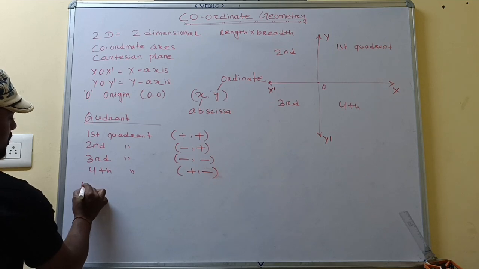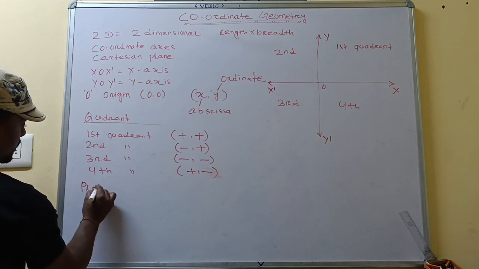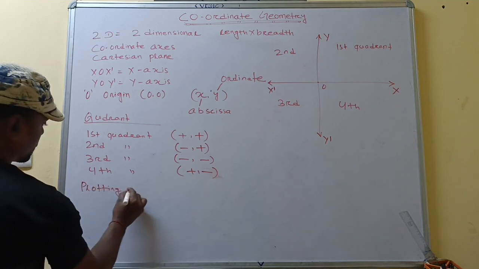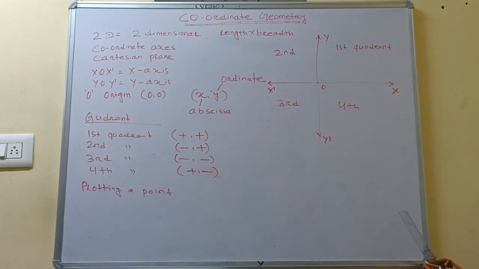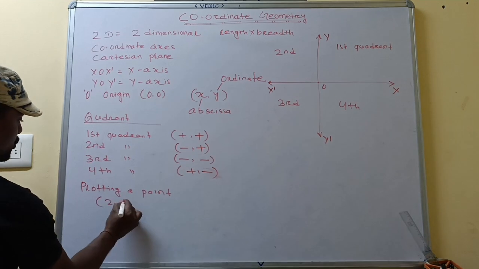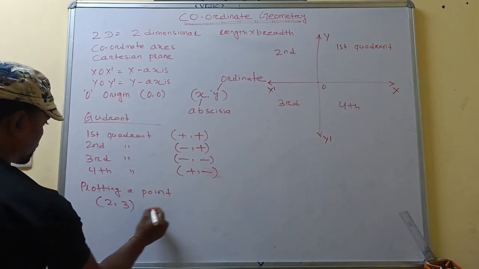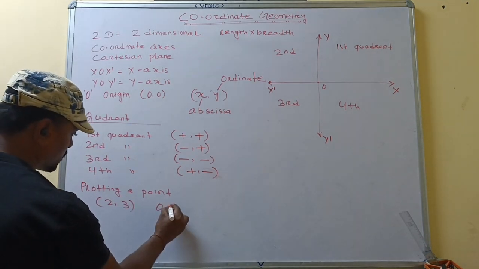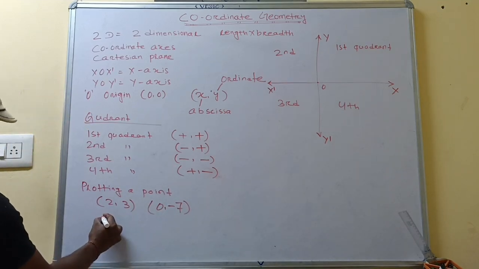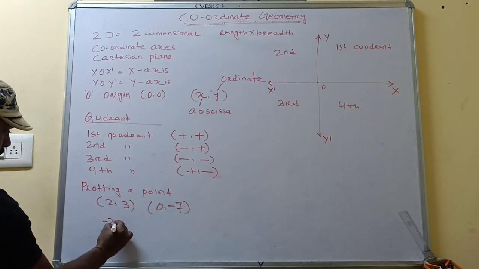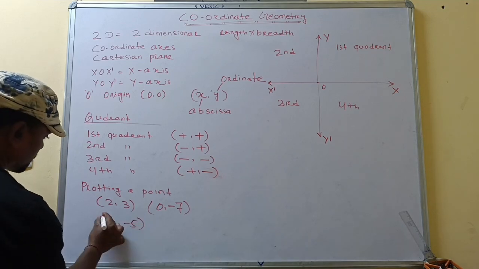Let's plot a point. Suppose one point is (2, 3), another point is (0, -7), and another point is (-2, -5).